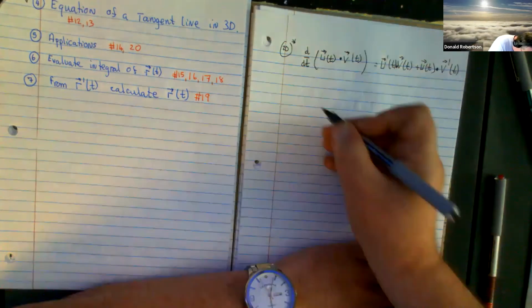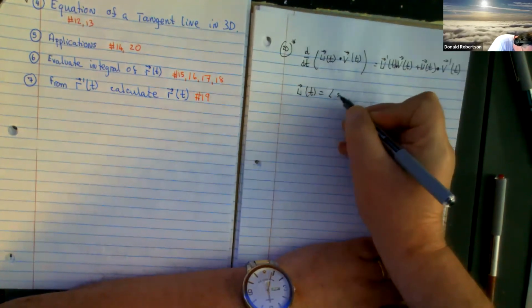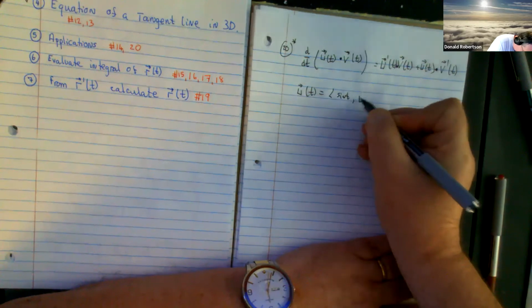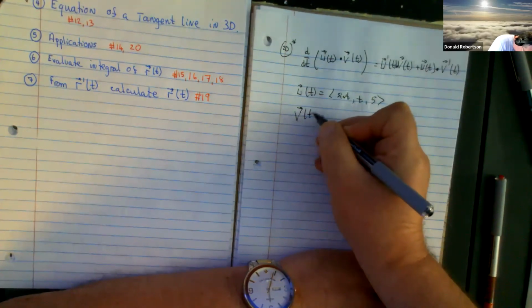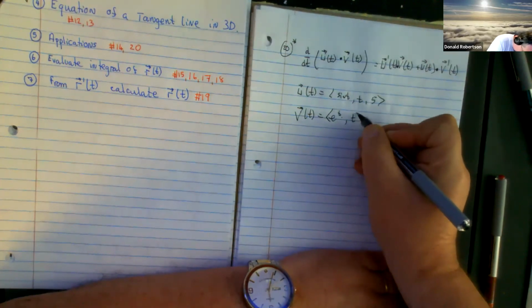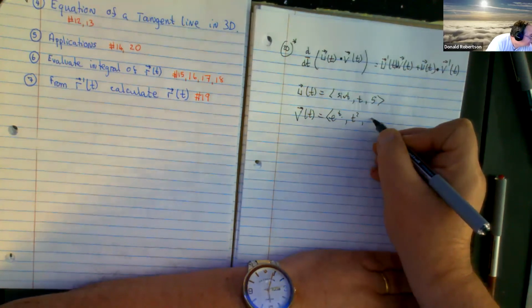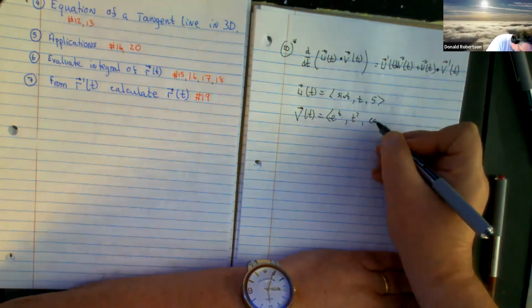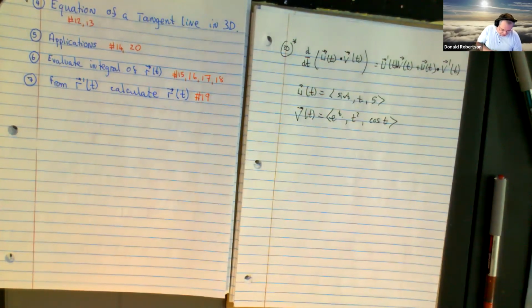So let's suppose we tell you u of t is sine t, t and 5. And we tell you that v of t is e to the t, t squared, cosine of t, just for argument's sake.